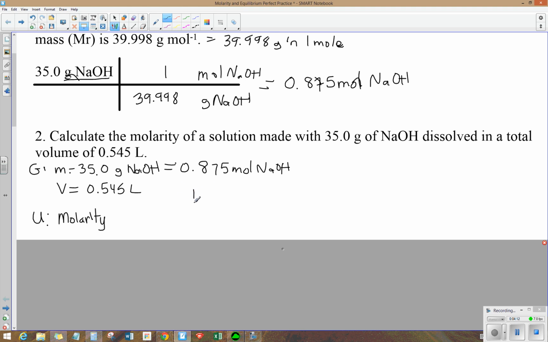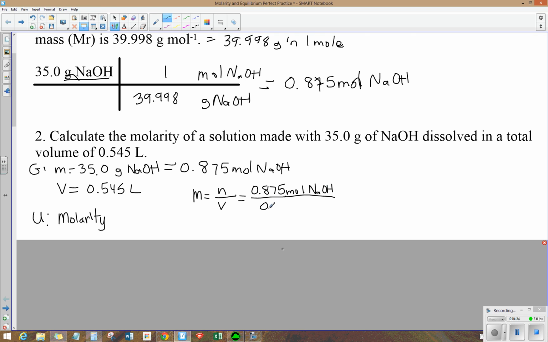So molarity is equal to the number of moles over our volume. Number of moles in this case is 0.875 moles NaOH. Just extend that line all the way across.